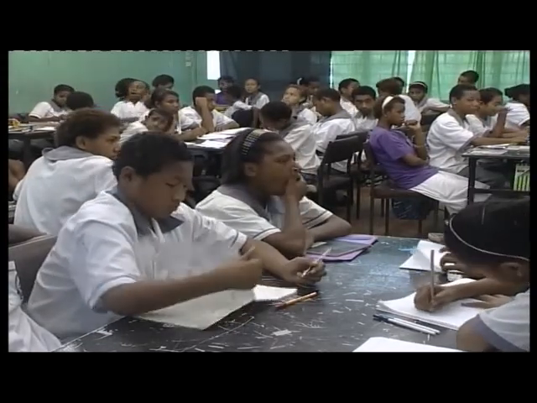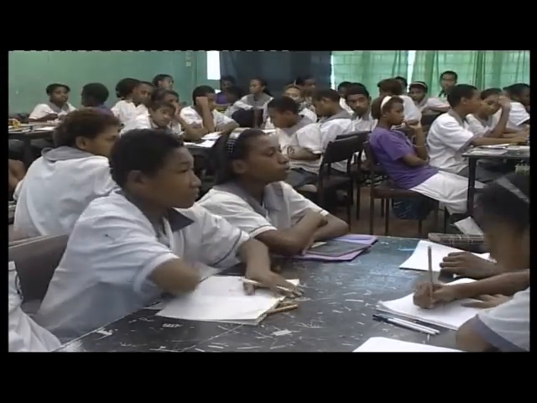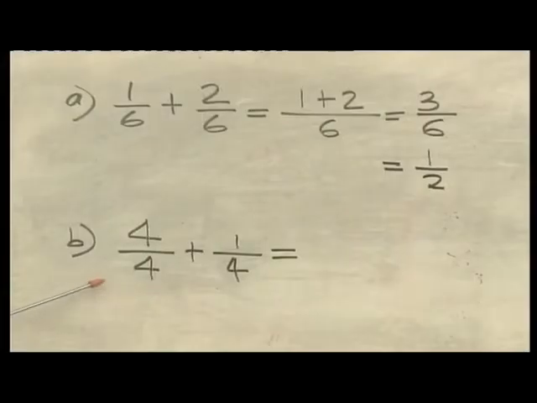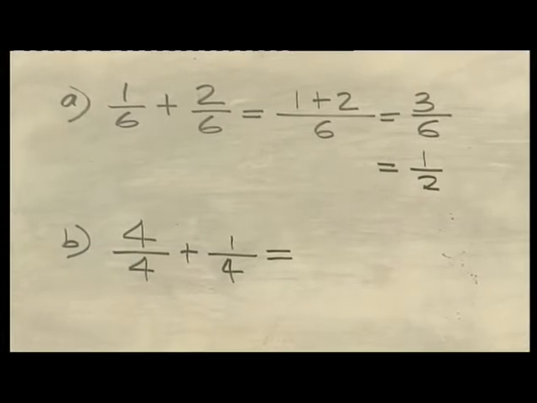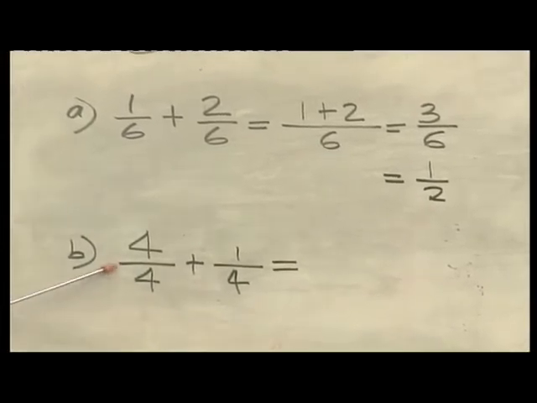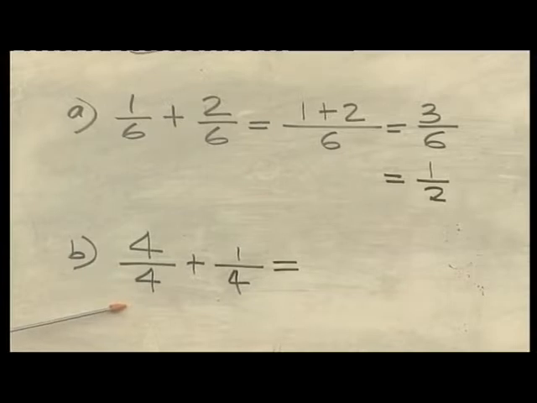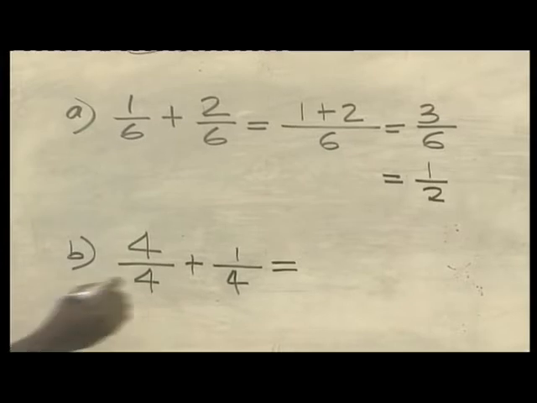First we list down the fractions that we are going to add. And then we check the denominators. Are they the same? Yes. They are the same. So we leave them as they are. We don't make any changes to the denominators.